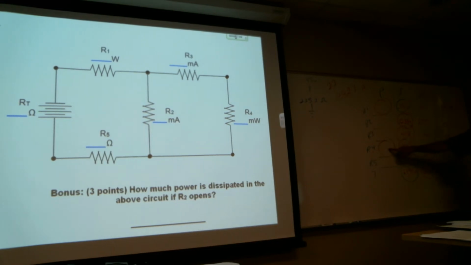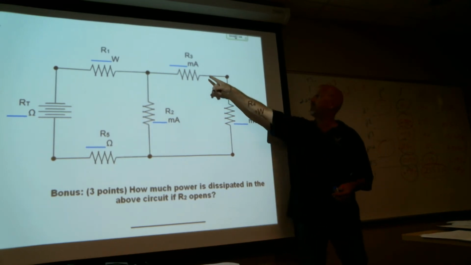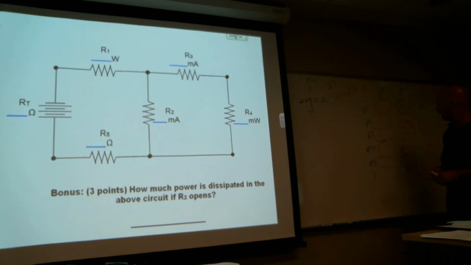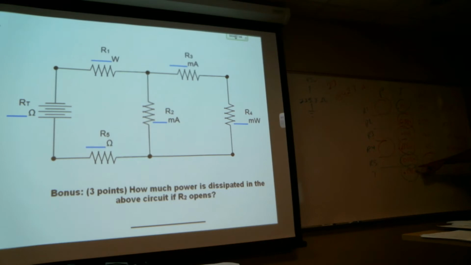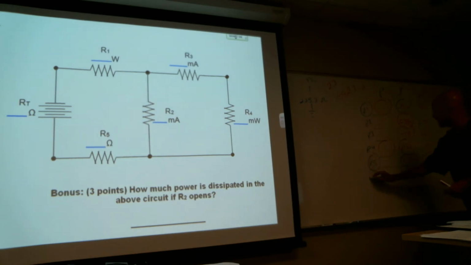R4, I have current and I have power because they gave me watts and I got my current from R3. Down to R5, I've got current and resistance because I added to get my current and they gave me resistance. So I can solve everything for R1 and R5 and the total.